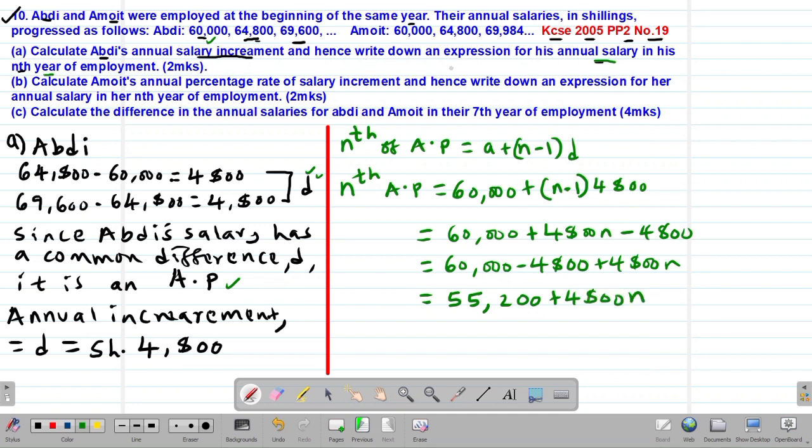Therefore, this is the expression for his annual salary in his nth year of employment. So this is the expected equation for part A.